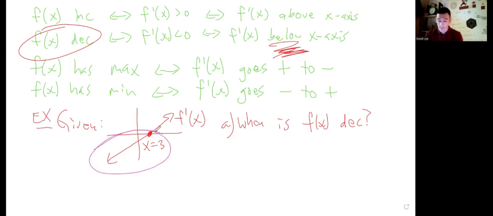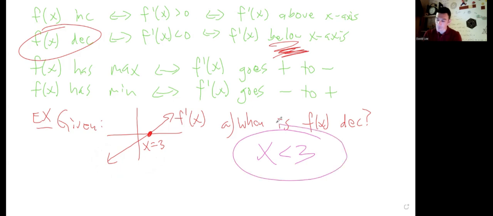Right there. This derivative is under the x-axis. That was before you came to 3. So when x was less than 3, the derivative was below the x-axis, which means that f was decreasing. So that's how we use the graph of the derivative to describe things about the original function f.